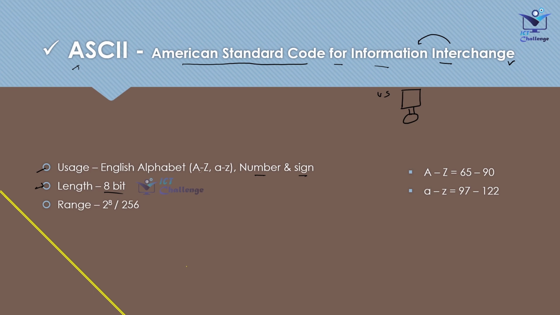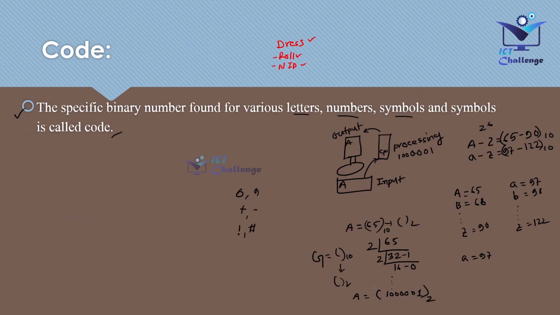That means for A we get 7-bit of binary, right? But they add 0 before this and convert it into 8-bit.